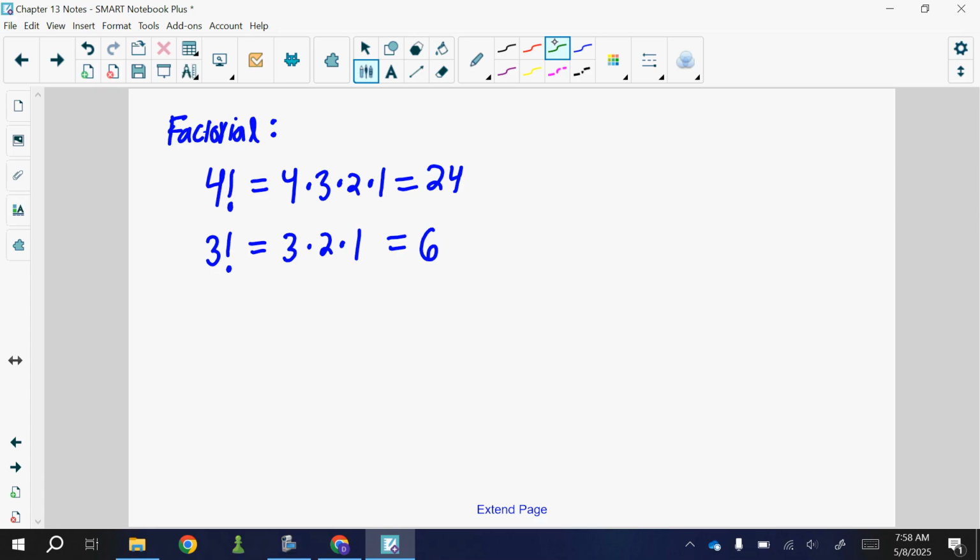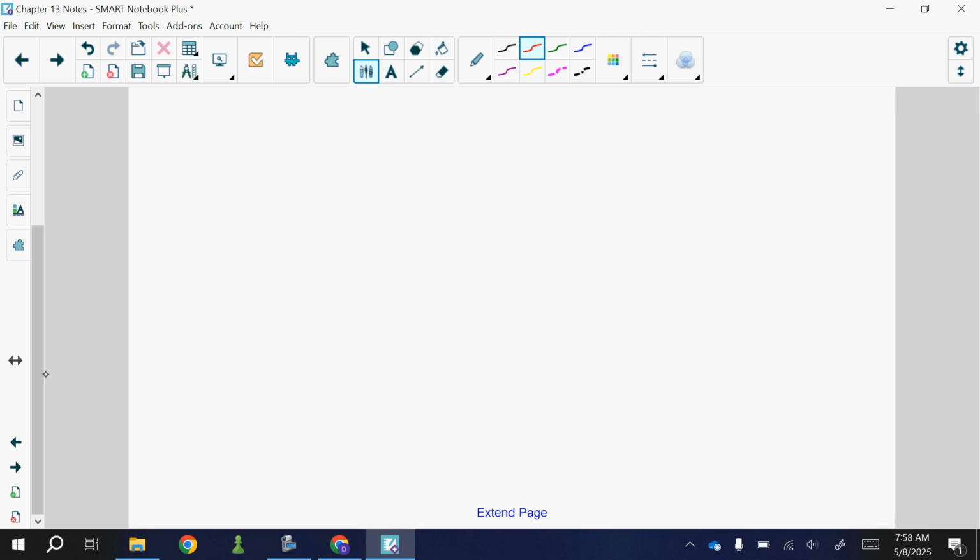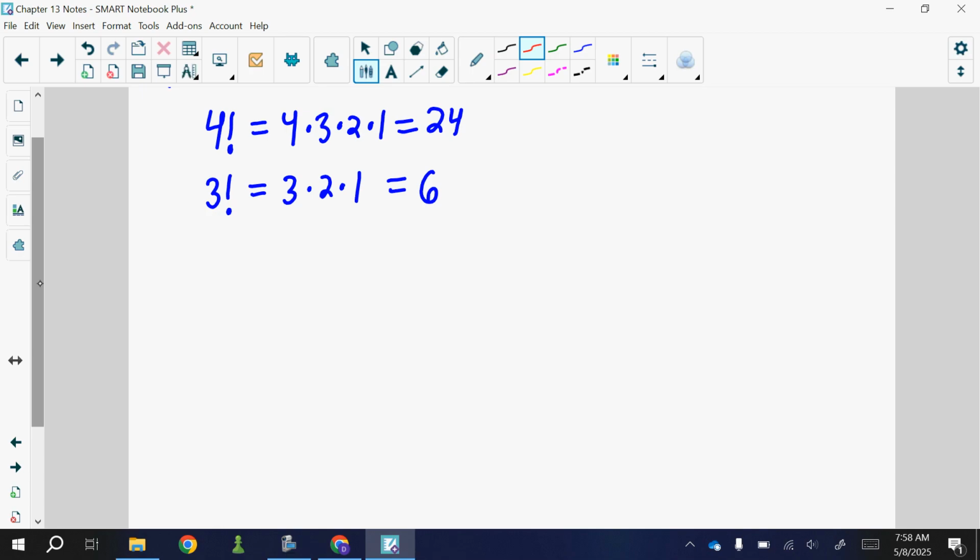Also, you can only take factorials of whole positive numbers: 1, 2, 3, 4, 5, 6, 7, 8, all the way up to whatever large number you want. Essentially it's a large counting number, and those are the only things you can take factorials of. The reason why these pop up with permutations and combinations is directly because it's a consequence of the fundamental counting principle.